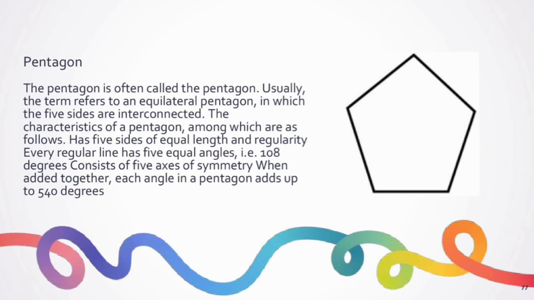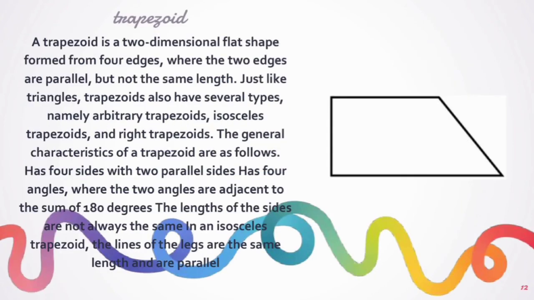Trapezoid. A trapezoid is a two-dimensional flat shape formed from four edges, where two edges are parallel but not the same length. Just like triangles, trapezoids also have several types, namely arbitrary trapezoids, isosceles trapezoids, and right trapezoids.